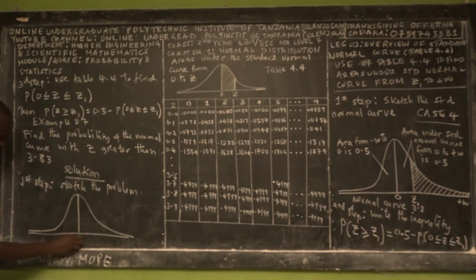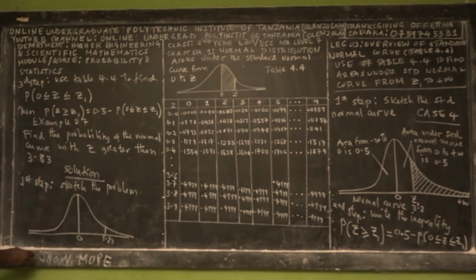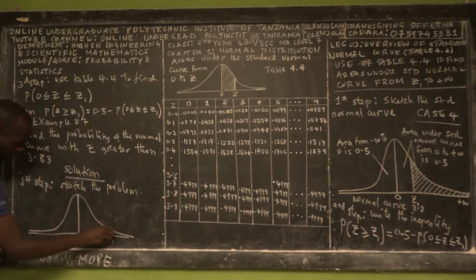So this is 0, and suppose that you're looking for 3.83. But the condition is greater than, so this is the area under the normal curve that we have to find.